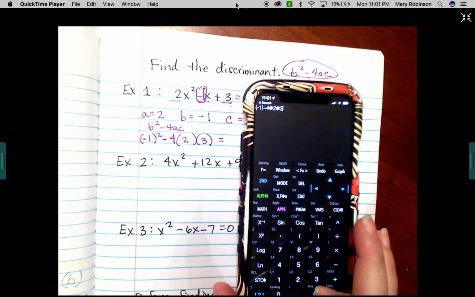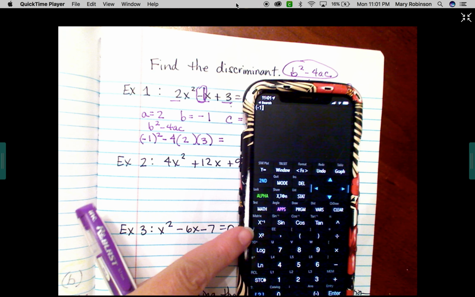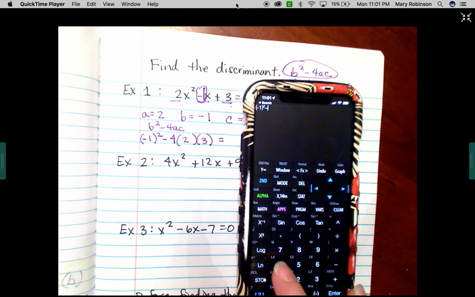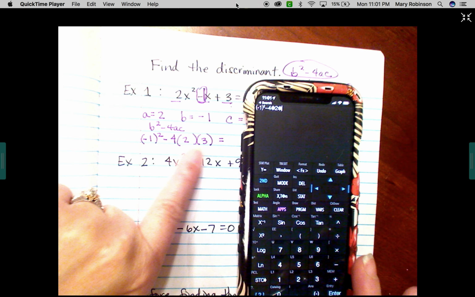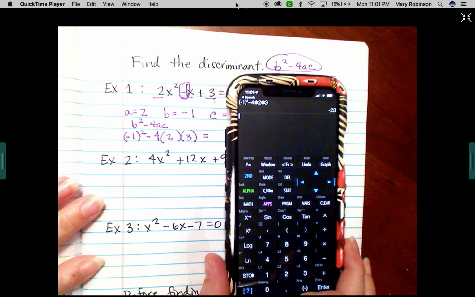Oh, no, not just like that, because I sure forgot my square. My apologies. Left parentheses, -1, close it, then square it by hitting the x squared button right here, minus 4 times a, which is 2, times c, which is 3. And we get a value of -23.